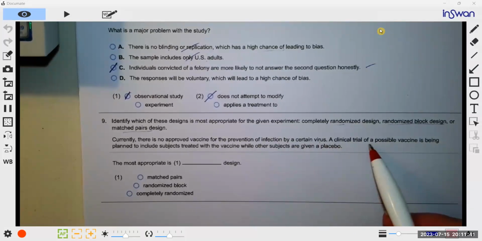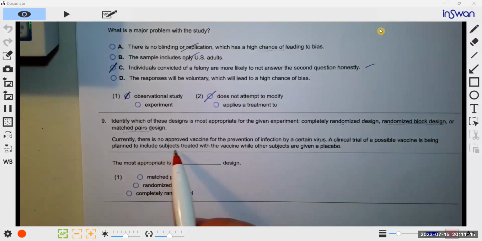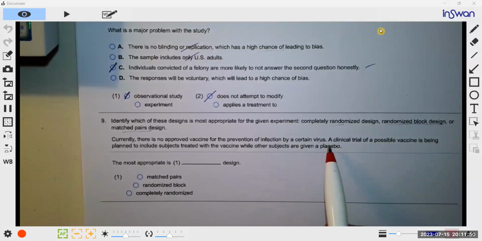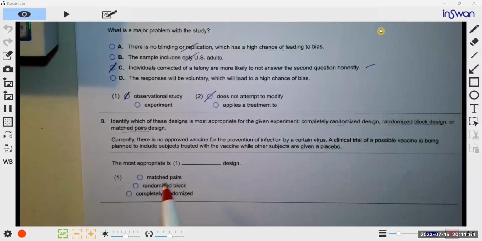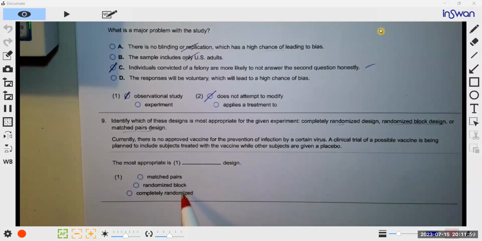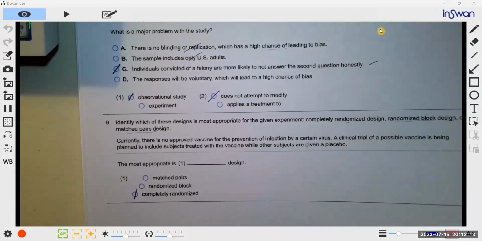A clinical trial of a possible vaccine is being planned to include subjects treated with the vaccine while other subjects are given placebos. So is it matched pairs, randomized block, or completely randomized? There are no pairs going on here. There are no blocks. This is just completely randomized. That's what's happening. You're getting this.